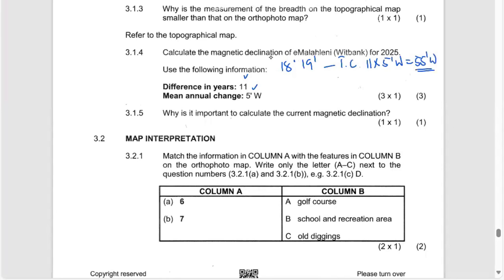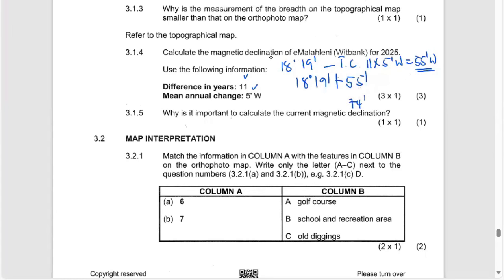So for us to get the declination for 2025, we take the angle that was there in 2014, which is 18 degrees 19 minutes, plus the accumulated 55 minutes over the 11 years. If we add these two, 19 minutes plus 55 minutes, we get 74 minutes.